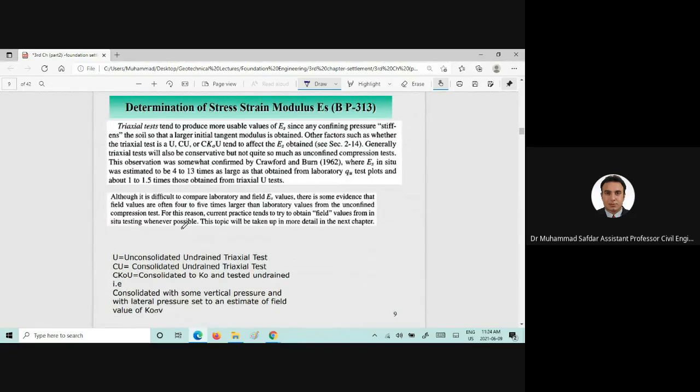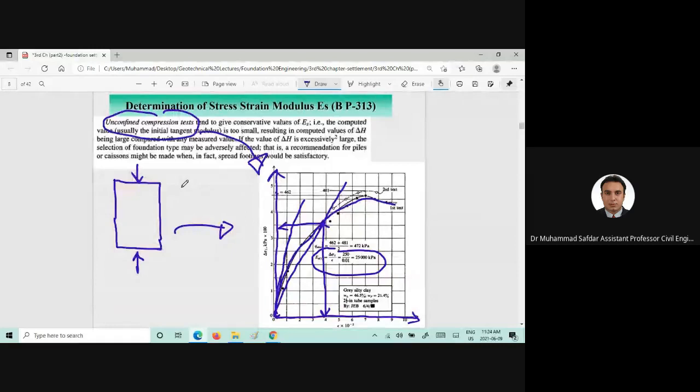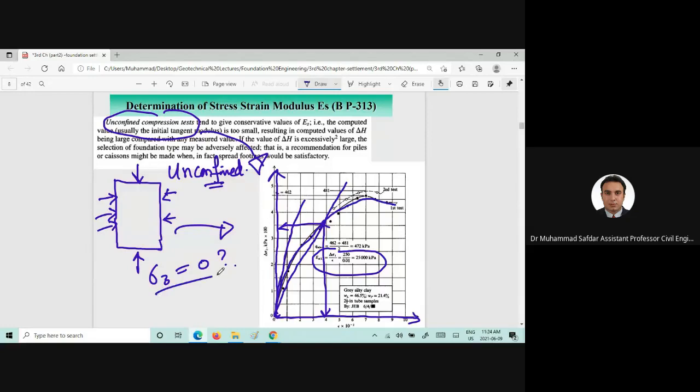Now, if we want to find out more accurate results, the reason I'm calling it more accurate, because in unconfined compression test, you already know that sigma 3 is equal to 0.